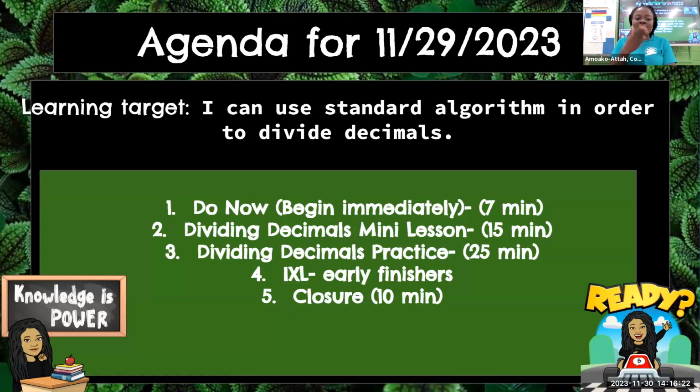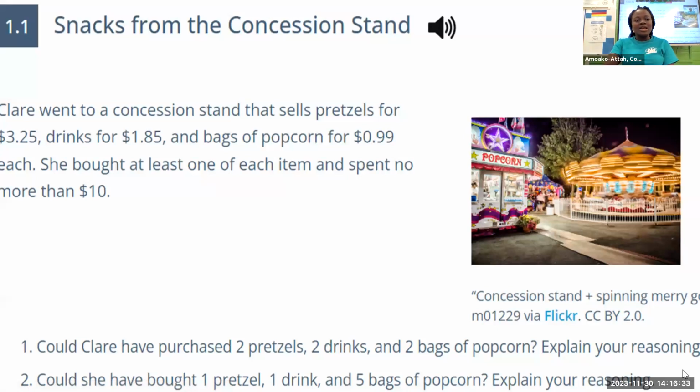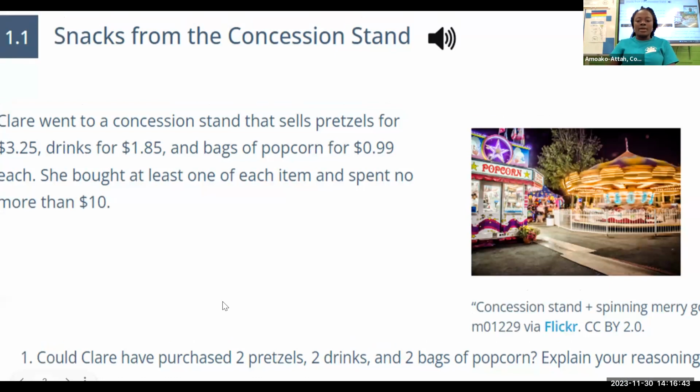So our learning target, as I said earlier, is: I can use the standard algorithm to divide decimals. That is our learning target for today. Ready? Good. So this is a simple set of questions for the do now activity, and you can try your hands on it. Good. So let's just focus on our learning target, but you can also try your hands on this do now activity to help yourself. It's a very nice activity that will help you.